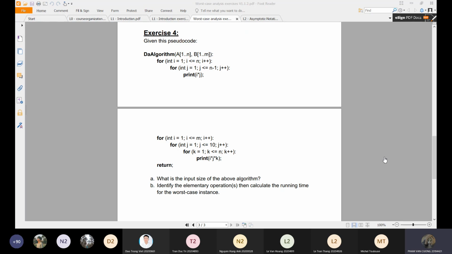Yes, exactly. Do you understand why we need to take into account both the for loops here? I mean, both the nested for loops.